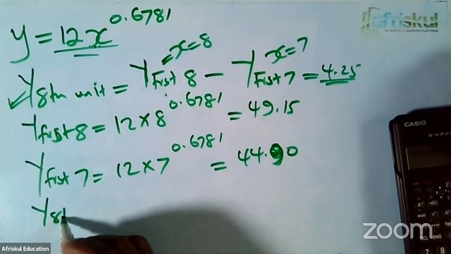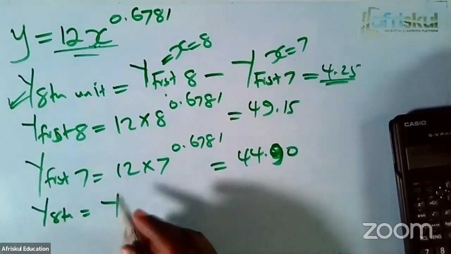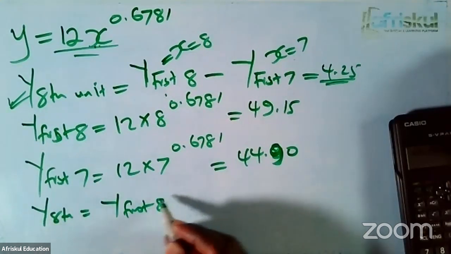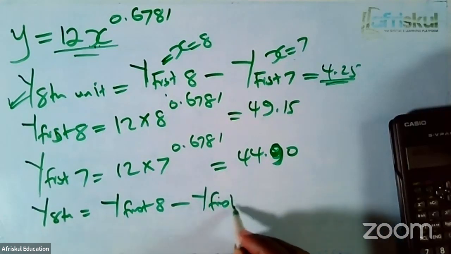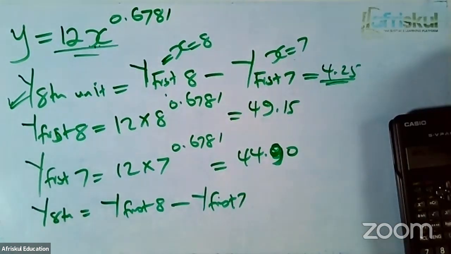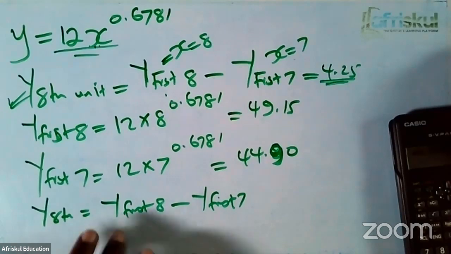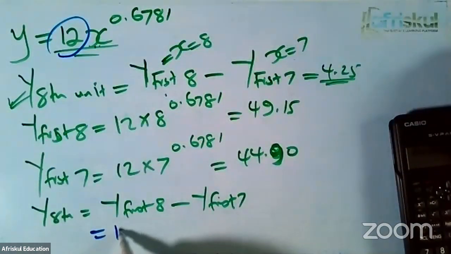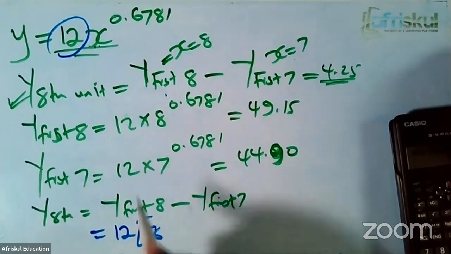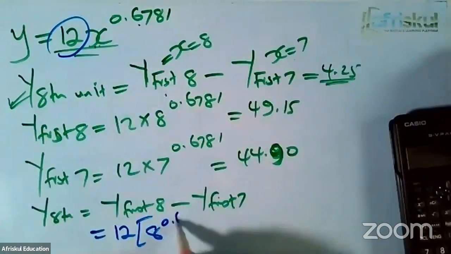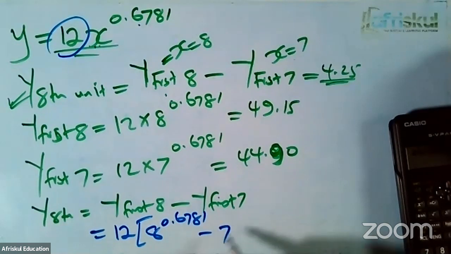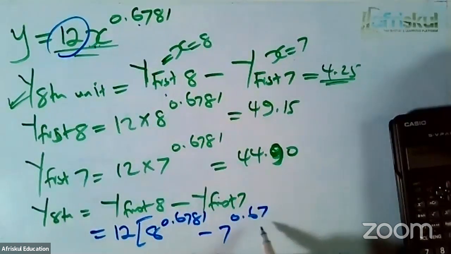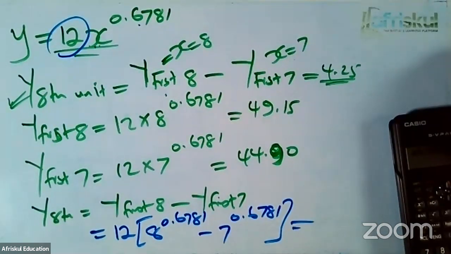And I would have gotten this very easily if I took it this way. Y 8th equals y first 8 minus y first 7. And then now I'll put out the 12, because this 12 is applicable to both. So we have 12 into 8 raised to 0.6781, minus 7 raised to 0.6781, which will end up giving us what here?